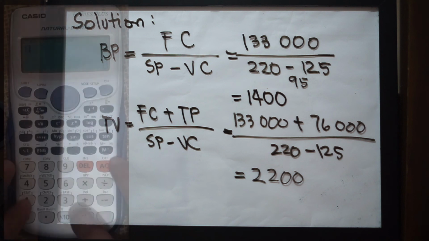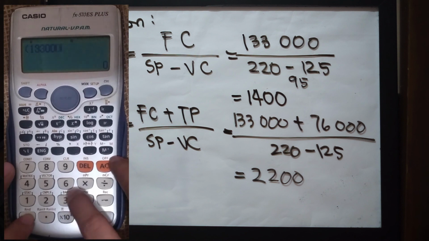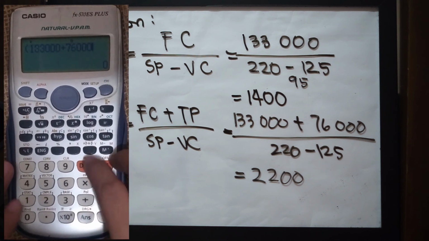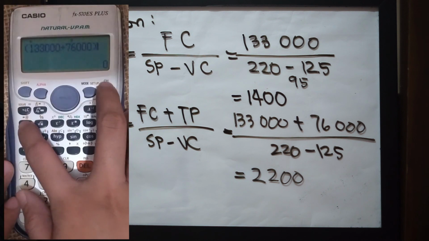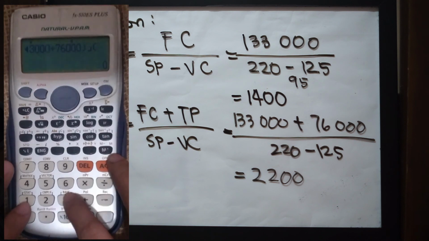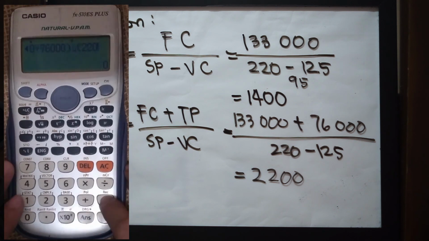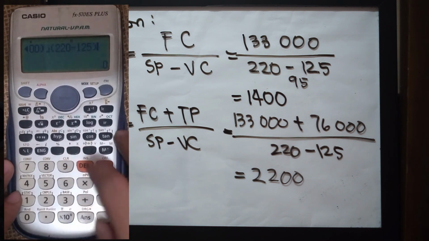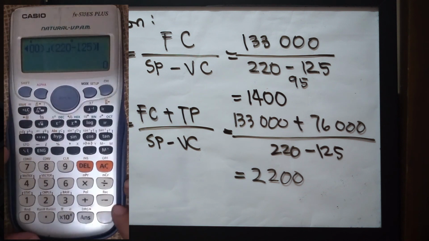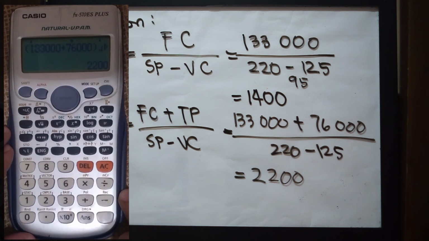Open parenthesis, 133,000 plus 76,000, close parenthesis, then press yung function for the fraction, open parenthesis ulit, 220 minus 125, close parenthesis. Again, kailangan yung parenthesis to parang tell the calculator na ito yung kailangan mong unang isolve. Then, press equal sign, 2,200 pa din yung lalabas na answer.